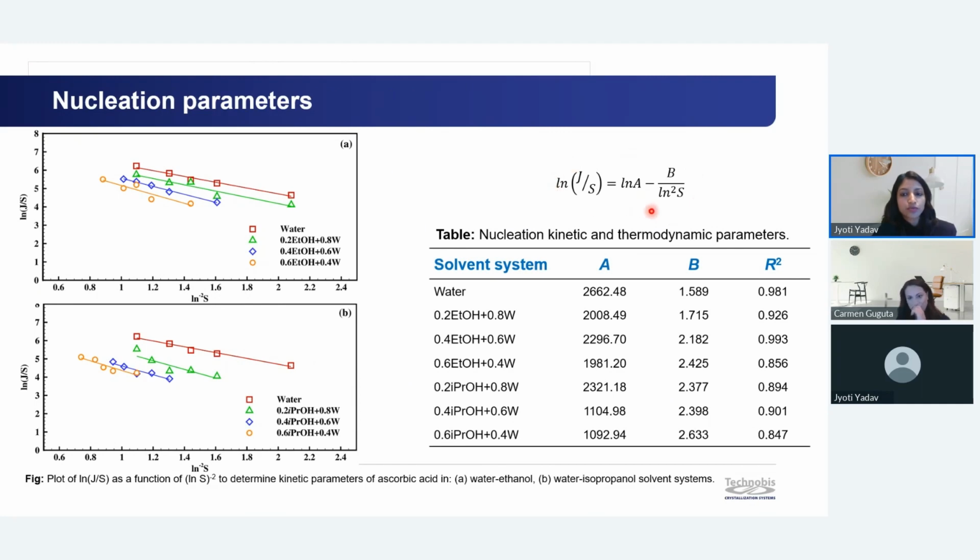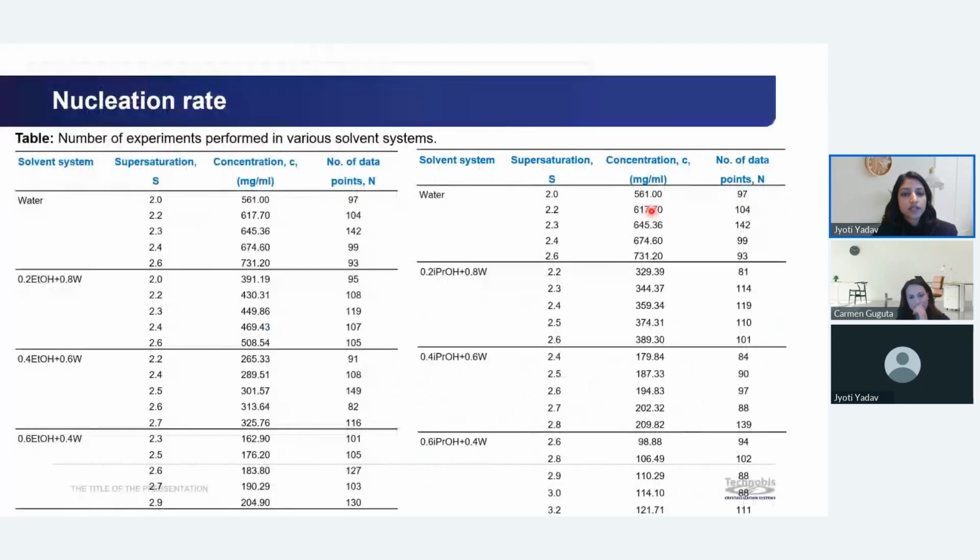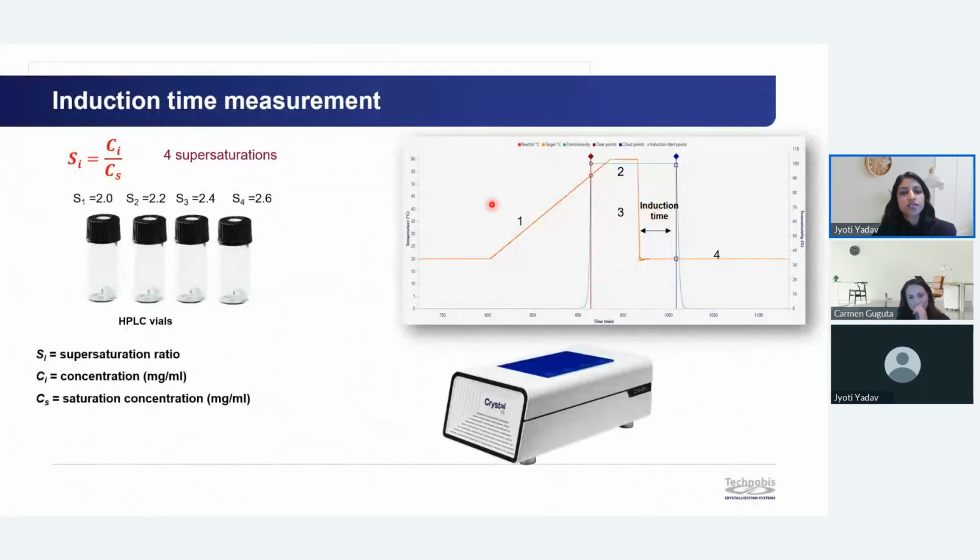We only need to perform the experiments, and as I explained, this is how we perform the experiments. Other calculations are done automatically by the Crystal 16 instrument. We just get the values of the nucleation parameters automatically. This is just to explain how Crystal 16 calculates the different parameters, just for us to understand the mathematics behind the calculations. Okay, perfect.